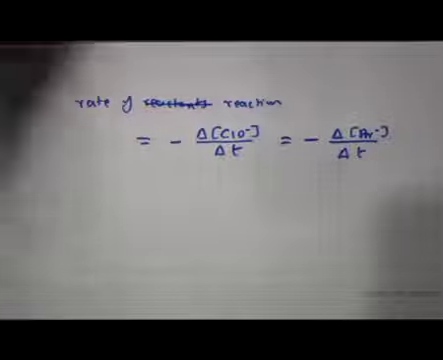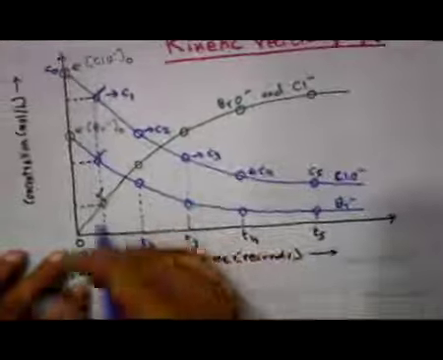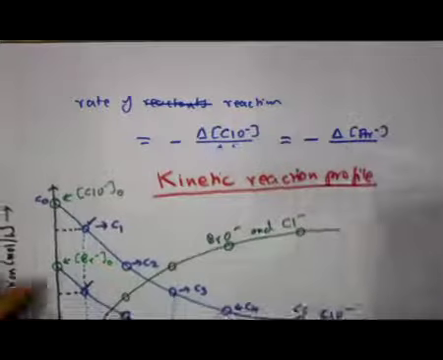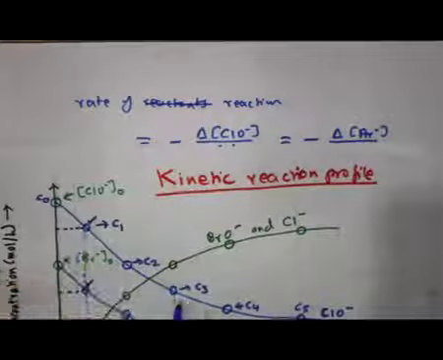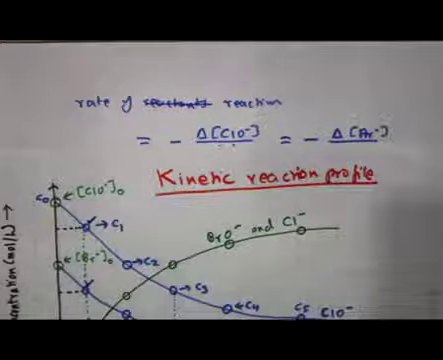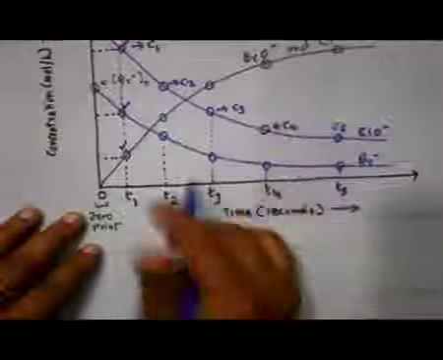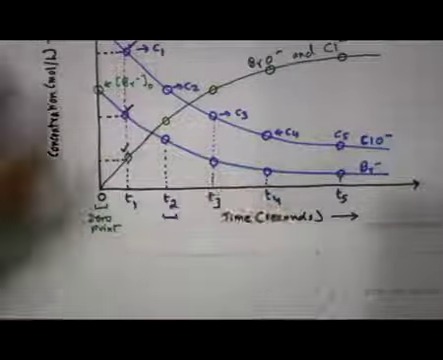Then we also said that suppose my delta hypochlorite corresponds to C1 and C3, that means C3 minus C1, and the delta T corresponds to T3 minus T1.